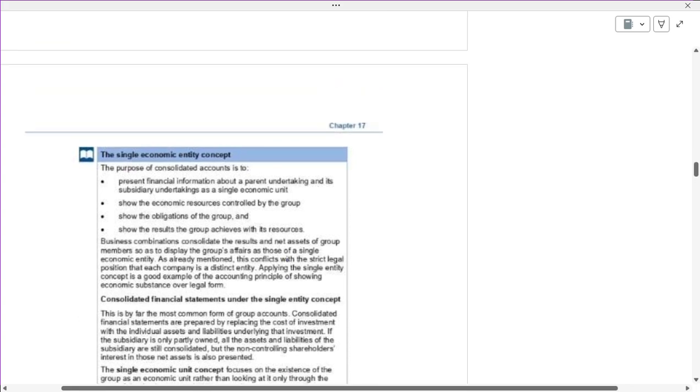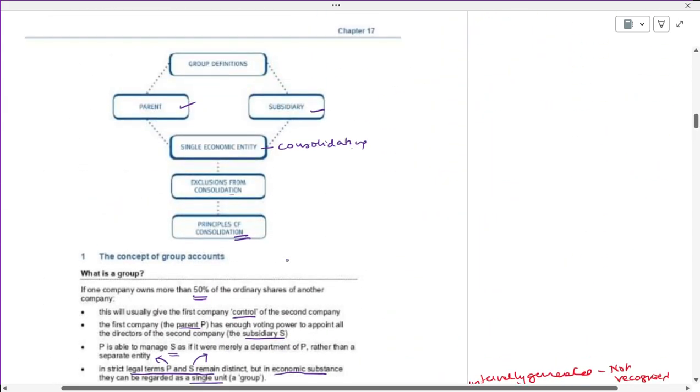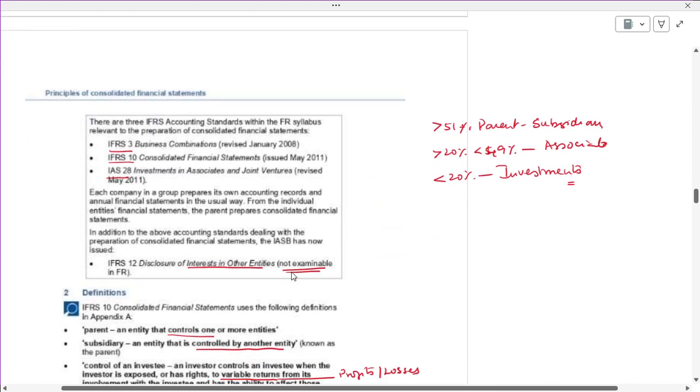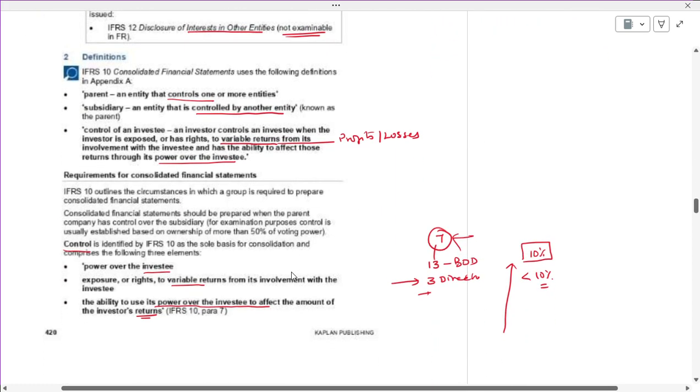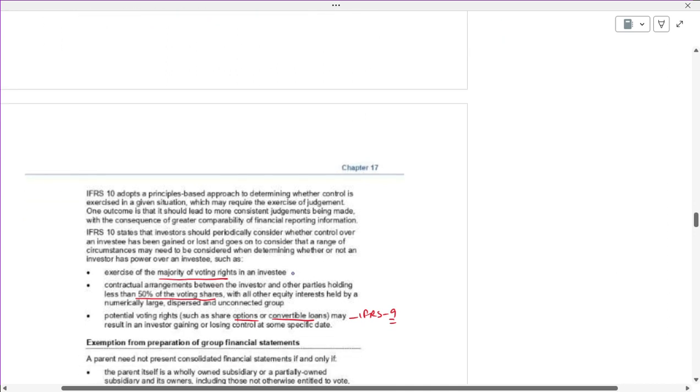IFRS 10, where is IFRS 10? Somewhere it has been mentioned. Here, IFRS 10, page 527. A parent is required to prepare consolidated statements when the parent has control over the subsidiary. IFRS is principle based.